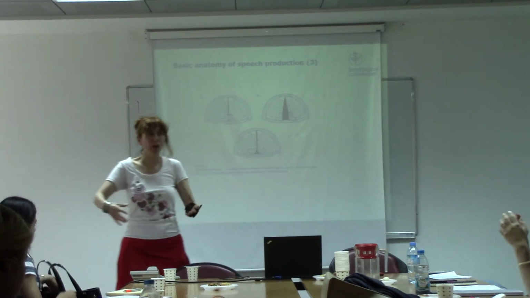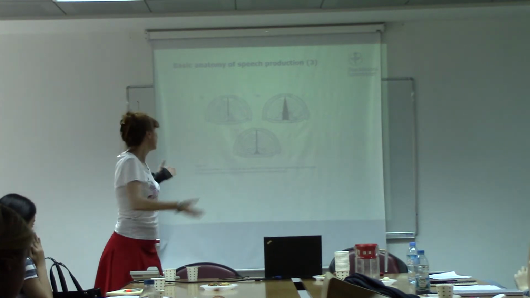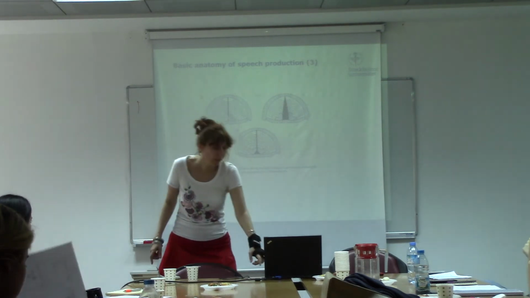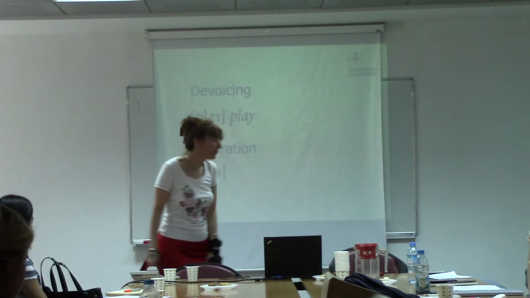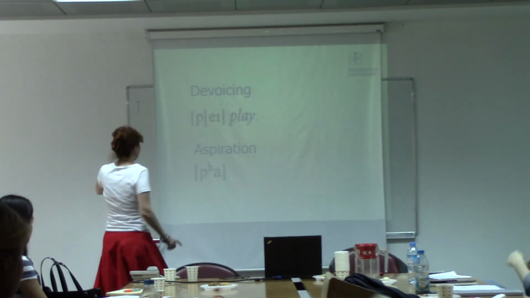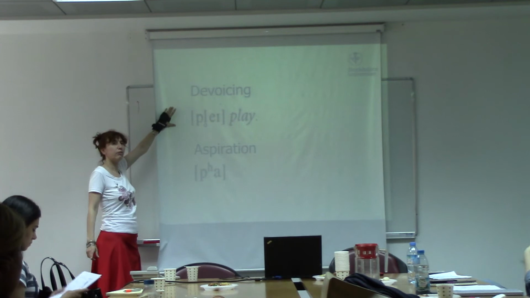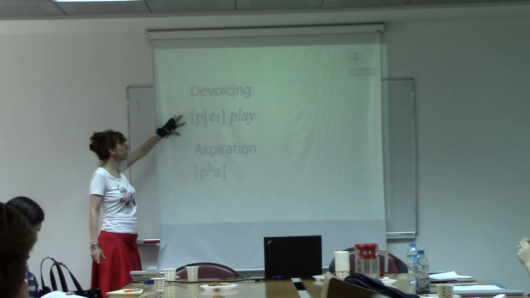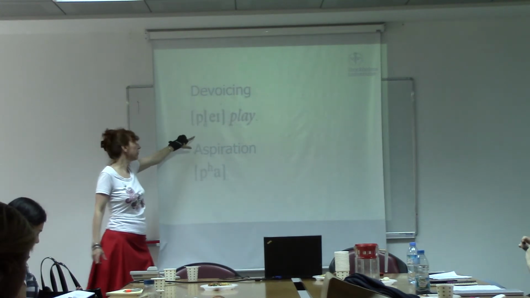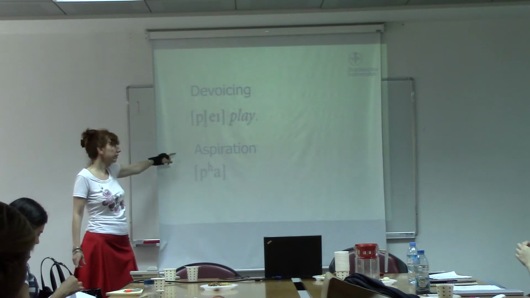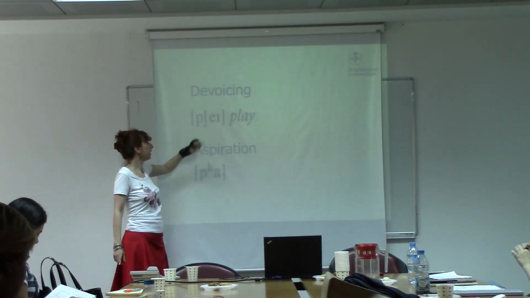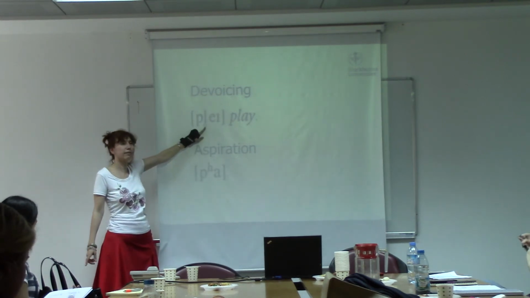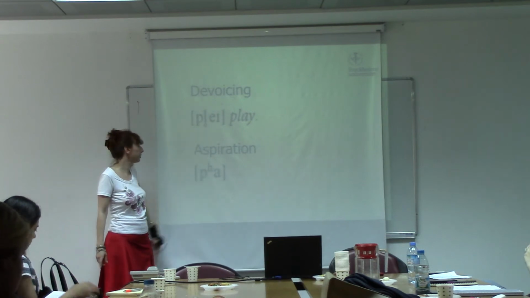We have our airflow. Airflow goes into the larynx to produce an air stream through the glottis and the vocal folds. And there are two kinds of phonation that may occur. Devoicing or voicing. Voicing is when we have vibration, and devoicing is when vibration of the vocal folds is not there when expected. So the L after P is devoiced, and that is indicated by a little circle in transcription.